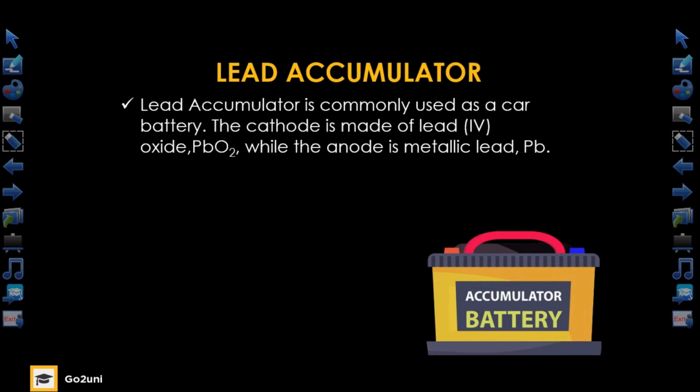The lead accumulator has dilute sulfuric acid as its electrolyte, and it is commonly applied as a car battery with an anode of metallic lead and a cathode of lead(IV) oxide.